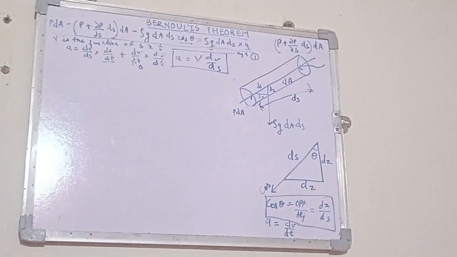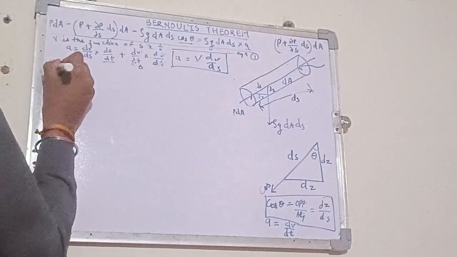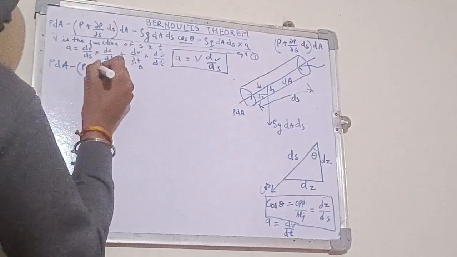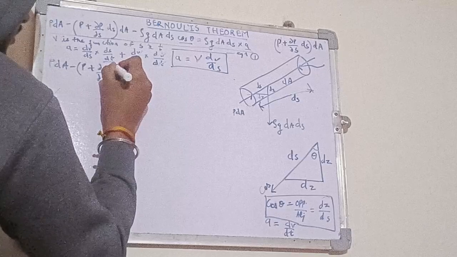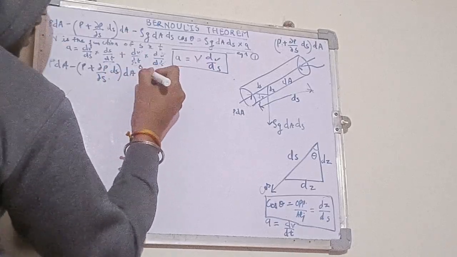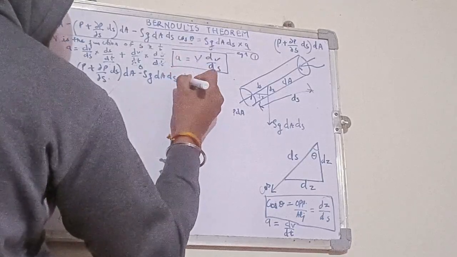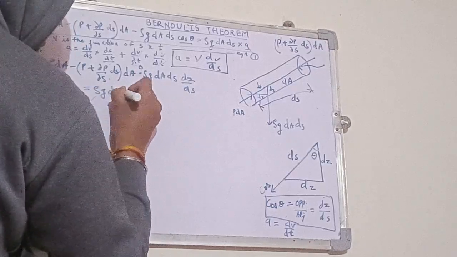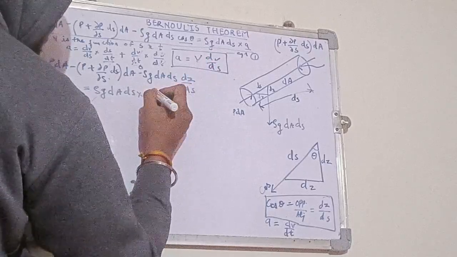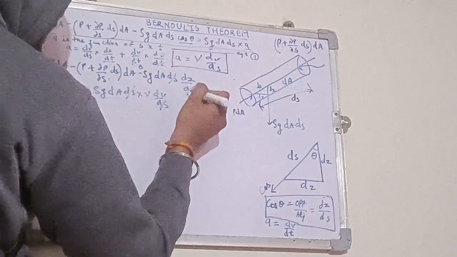Now we put the values: PdA minus P plus del P by del s ds into dA, minus rho g dA ds into dz by ds, is equal to rho g dA ds into acceleration v dv by ds. You can see ds gets cancelled.